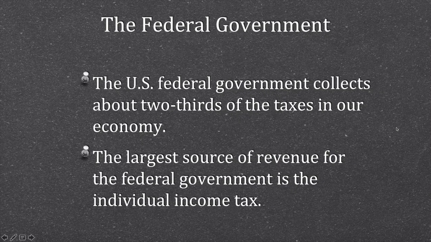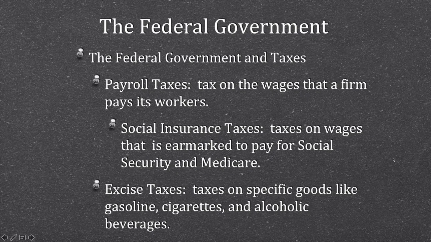Now, the U.S. federal government, and we're talking just federal taxes right now, collects about two-thirds, or about 60%, of all taxes in our economy. And the largest source of revenue for the federal government is the individual income tax. The federal government also collects taxes on what's called a payroll tax, which is a social insurance tax. Payroll taxes are collected to fund specific federal government programs.